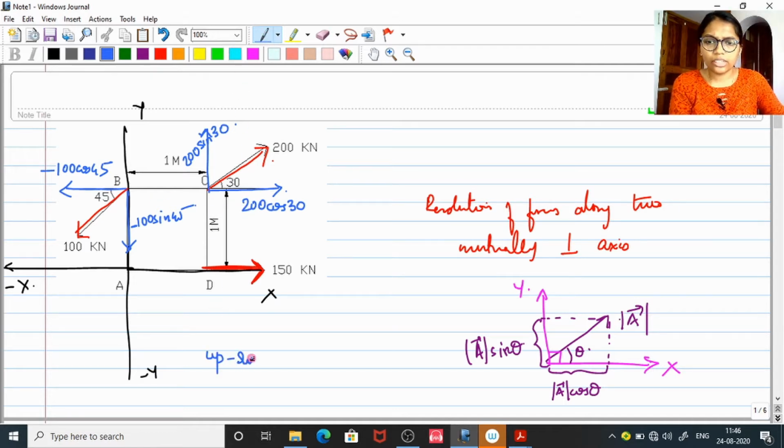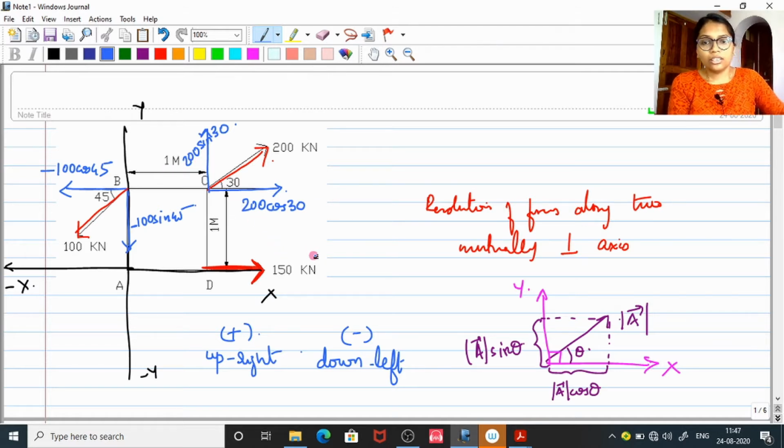If the force is along the upside and right side, then it is positive, and if the force is along the downside and left side, put a negative. For example, the 100 kilonewton components were along the left side and downside, that is why we have negative here. And the 200 kilonewton is resolved along the positive x-axis and positive y-axis, upside and right side, so we have positive signs here.